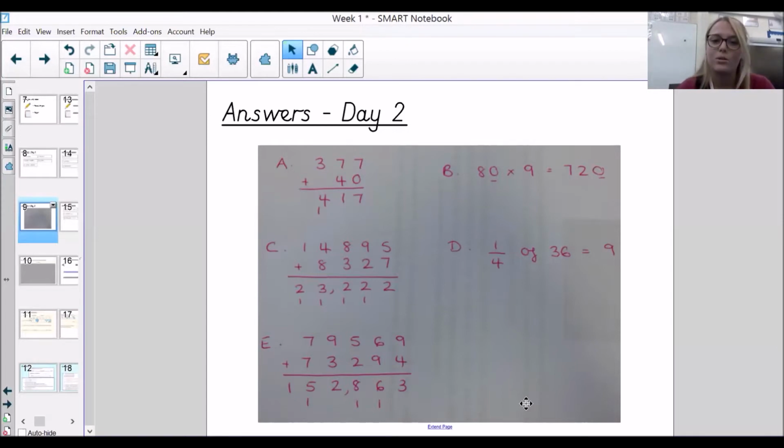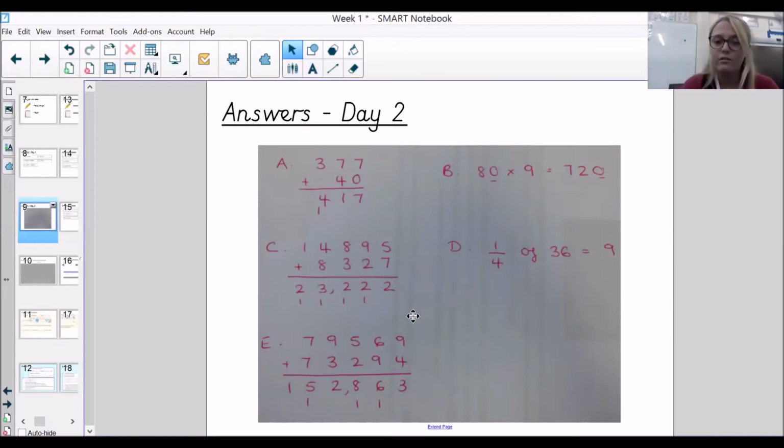So make sure when you're carrying, you put down the ones digit underneath the column you're working out, and you carry the tens digit under the next column to the left, always starting from the right-hand side. So the answer for that one was 23,222.